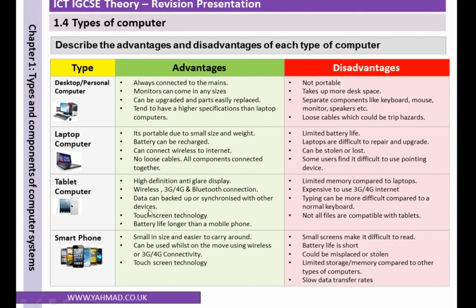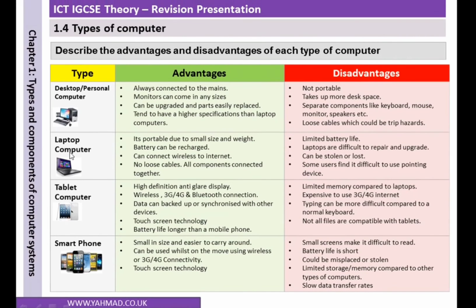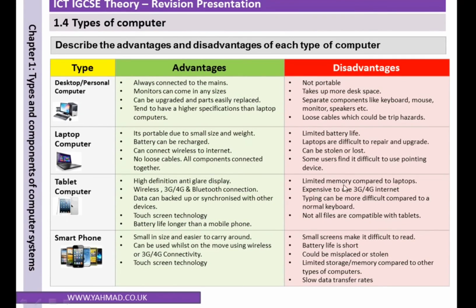Okay, the tablet computer. High definition anti-glare display, can connect wirelessly, 3G, 4G and Bluetooth connections. Data can be backed up or synchronized with other devices. It uses touchscreen technology, and battery life is typically longer than a mobile phone or smartphone. The advantage also is the tablet computer is more portable compared to a laptop computer.